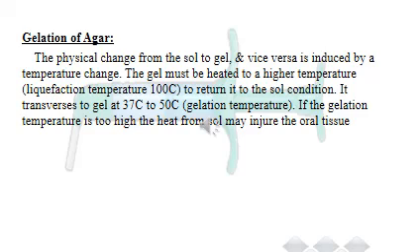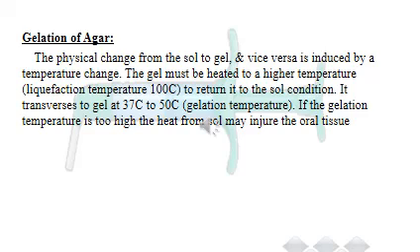Gelation of agar. The physical change from sol to gel and vice versa is induced by a temperature change. The gel must be heated to a higher temperature, the liquefaction temperature, which is 100 degrees centigrade. To return it to the gel condition, it is cooled to the gelation temperature, 37 to 50 degrees centigrade.